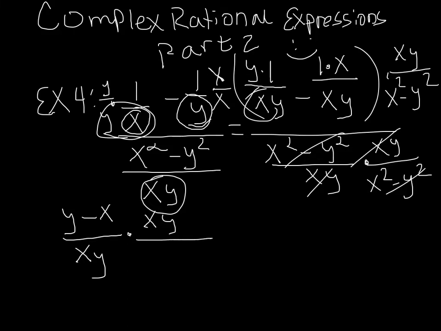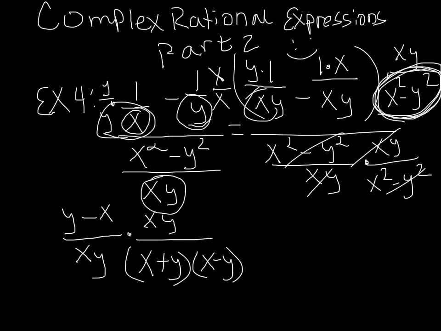And if you look at this really closely, you'll notice again that it's a what? That's right, a difference of squares. So I have x plus y and x minus y. Then we can go ahead and start canceling out terms.